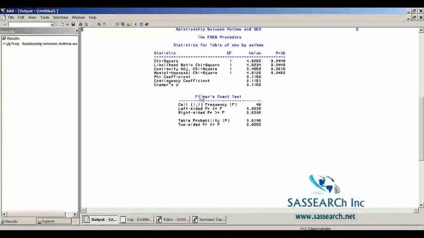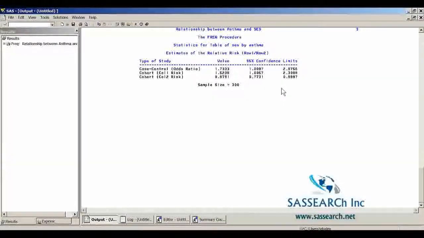We also have our Fisher's exact test. Based just on the chi-square and the Fisher's exact test, it does appear that there's some association between socioeconomic status and asthma.